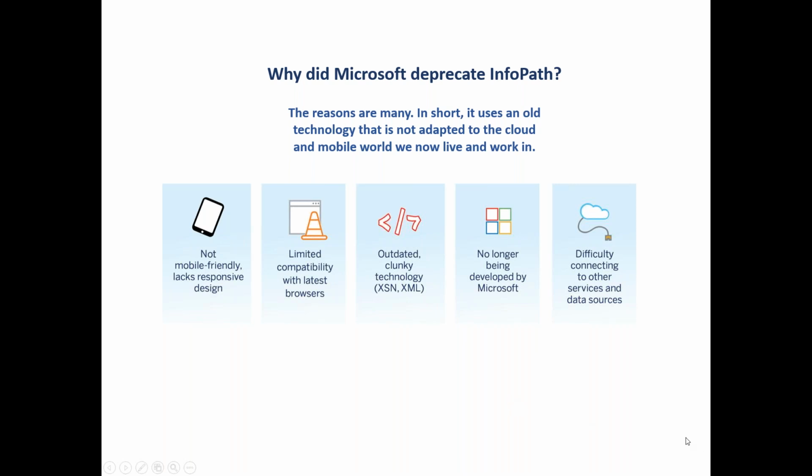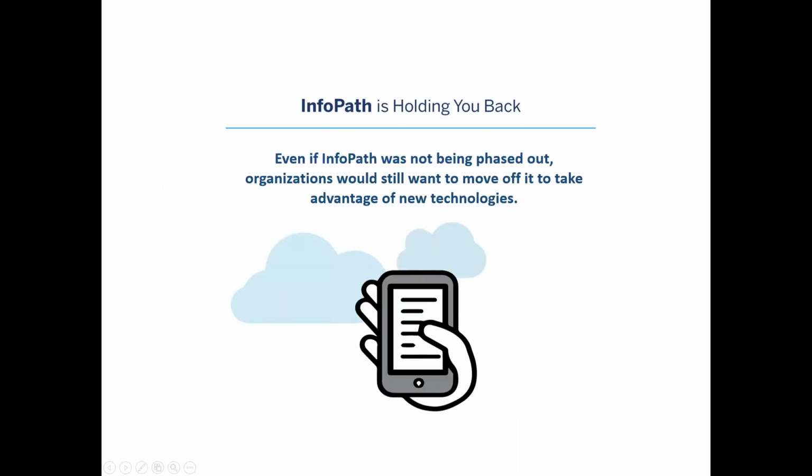But what's happening is you're missing out on the newer technologies. A lot of people say the same thing: even if InfoPath was not being phased out, you would still want to move off it to take advantage of new technologies. It's not so much what you have, it's what you're missing. You're missing mobile, cloud, modern UI, portals, AI services, and bots, things that could greatly enhance your business process automation and make work easier for your users, customers, staff, or yourself.